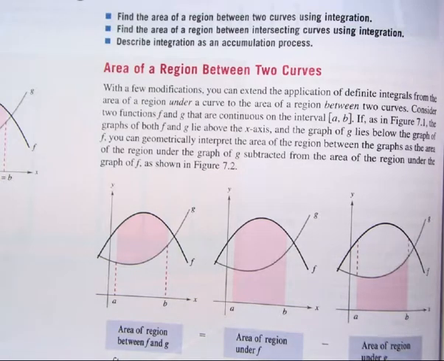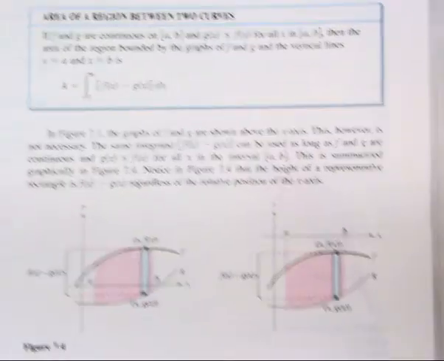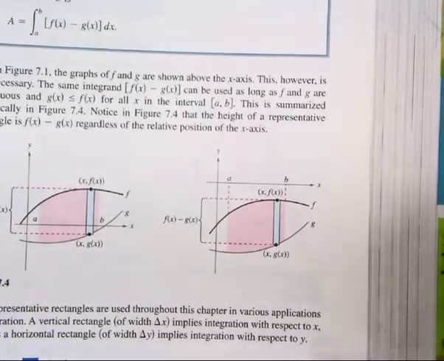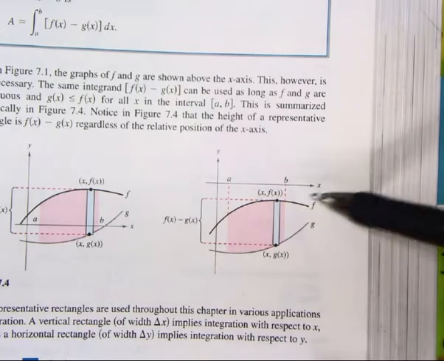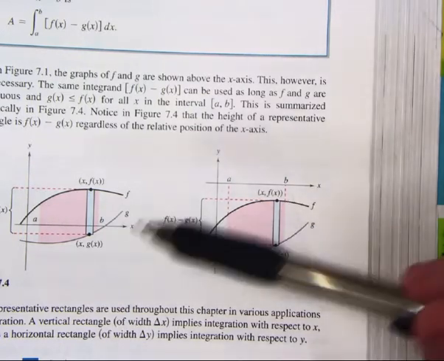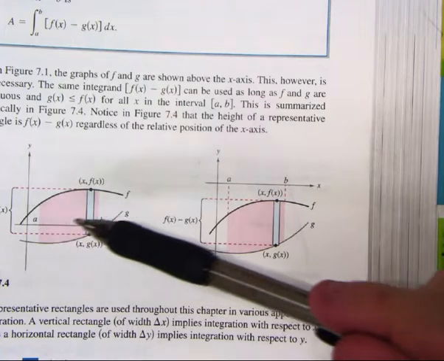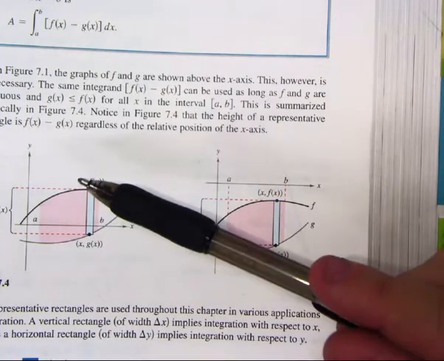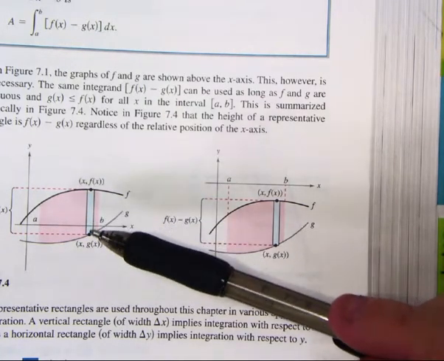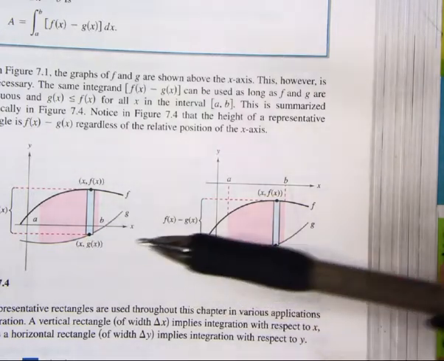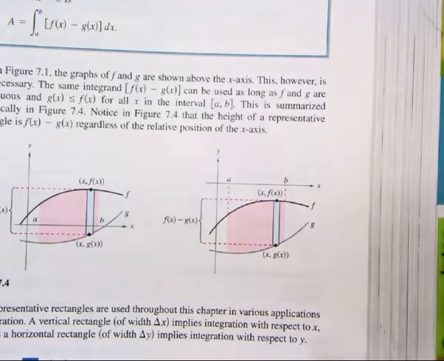Basically, your answer is always going to be positive, whether that region is above the x-axis, below the x-axis, or gets cut by the x-axis. We're always going to be doing the top function minus the bottom function, and when we do that, our area is always going to end up being positive.